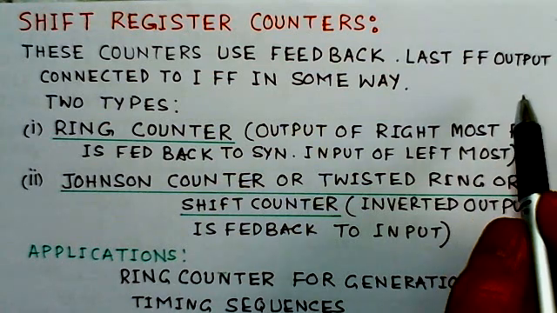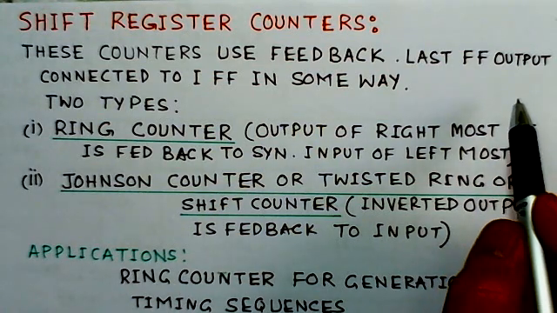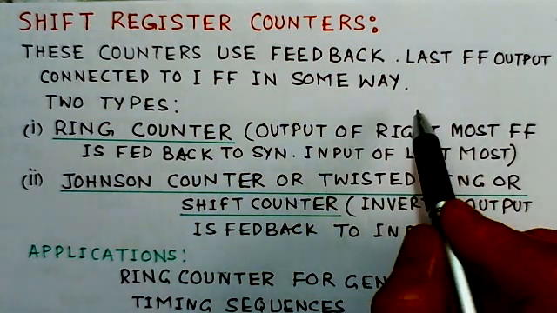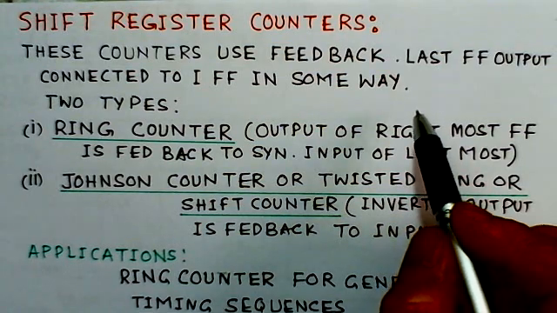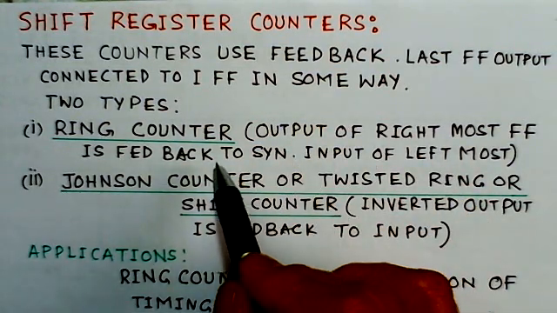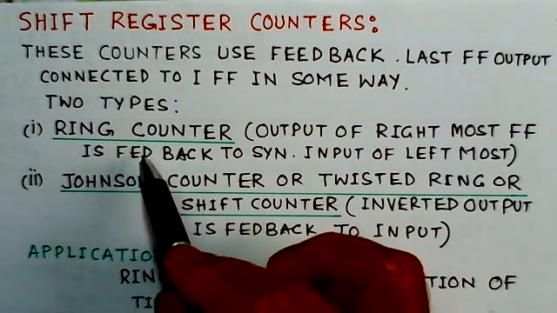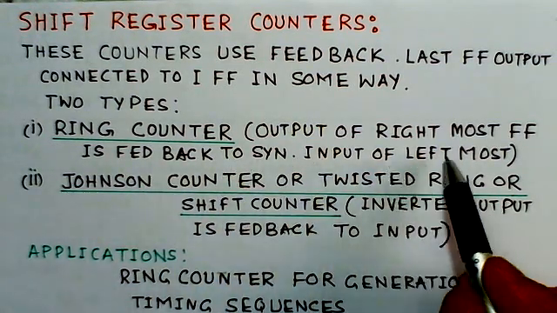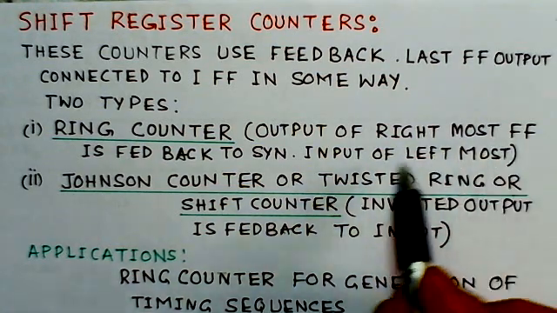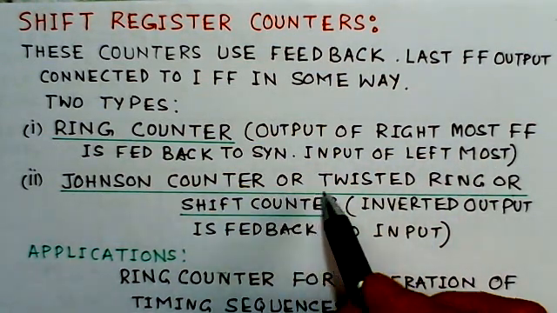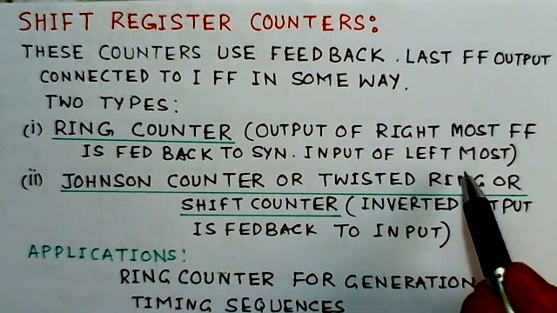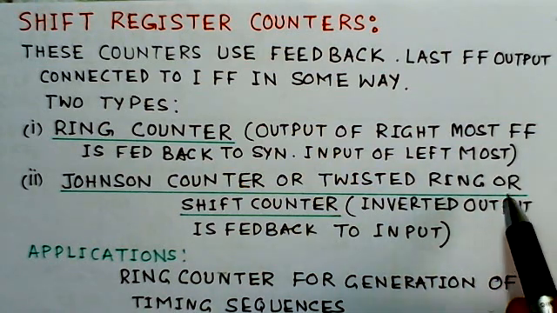Here the last flip-flop output is connected to the first flip-flop in some way. So based on the way the connection is done, they are classified as ring counter. Here the output of the rightmost flip-flop is fed back to synchronous input of the leftmost flip-flop.